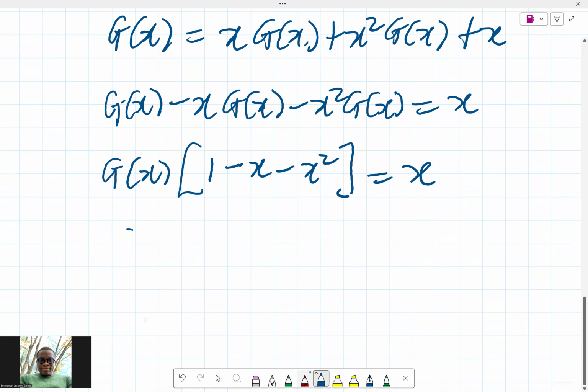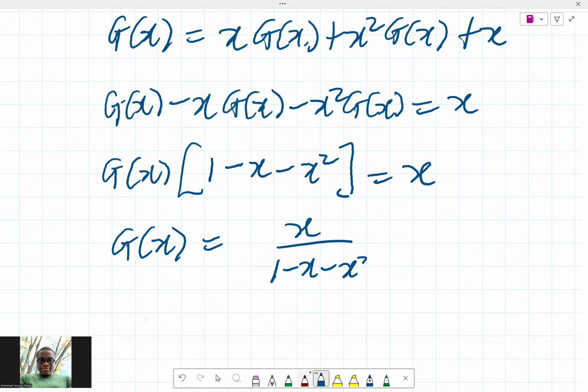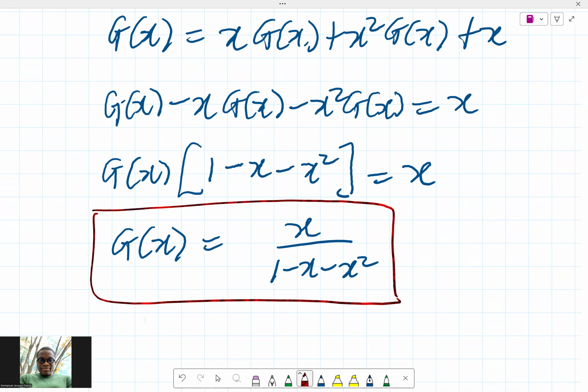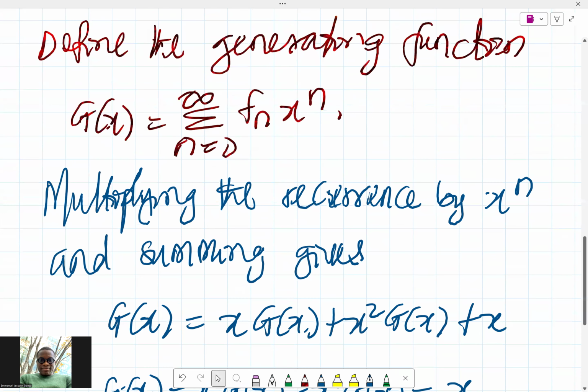So g of x alone is equal to x over 1 minus x minus x squared. That's what we have as the expression. So that's solving the recurrence relation for the Fibonacci sequence.